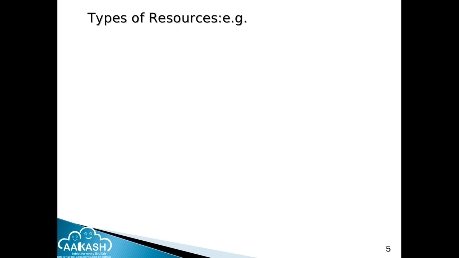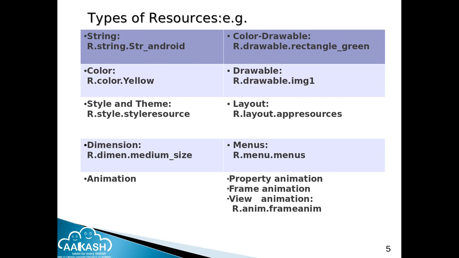Now there are different types of resources. First, string resources. String resources are used to provide text strings and we can refer to them by R.string.string name. Color resources are used to define the color set for the project and refer by R.color.color name.